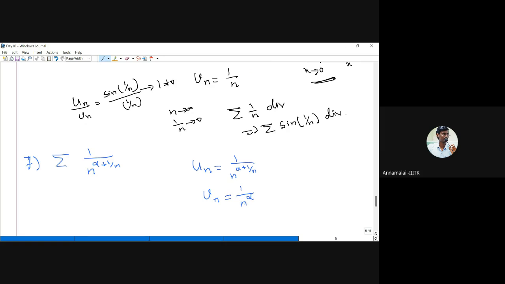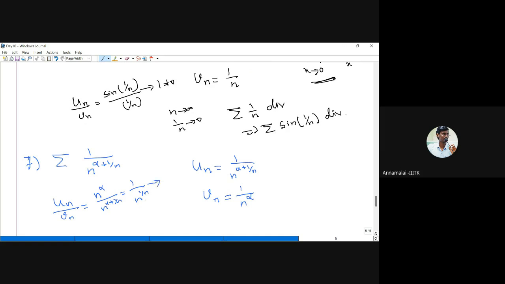That's why I'm taking 1 by n power alpha. Good. Now check what is the quotient, un by Vn. No need to find only un by Vn, you can find Vn by un also. That is your wish, depending upon things. Therefore, what you'll get is n power alpha by n power alpha plus 1 by n. So actually n power alpha we can cancel, we get 1 by n power 1 by n. So this goes to where?